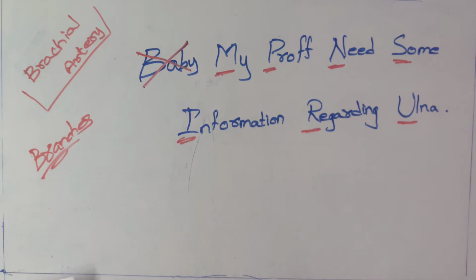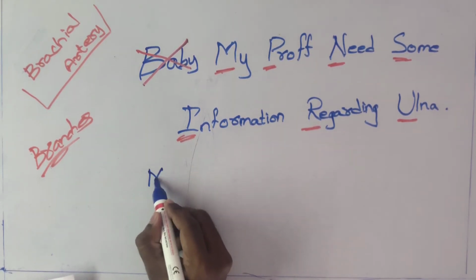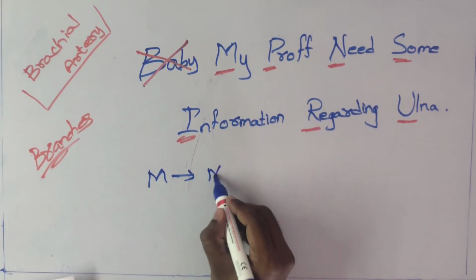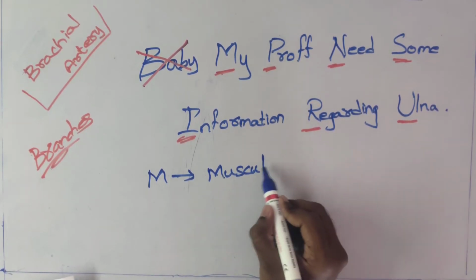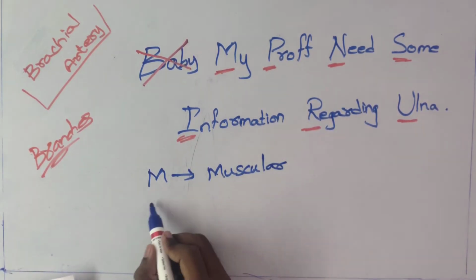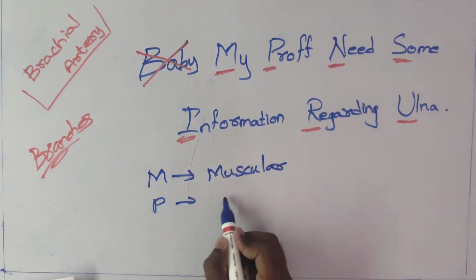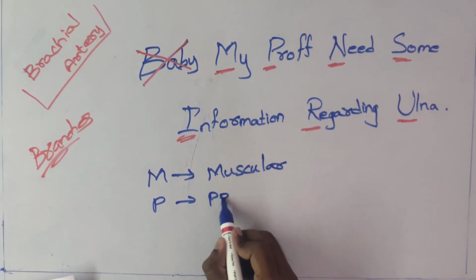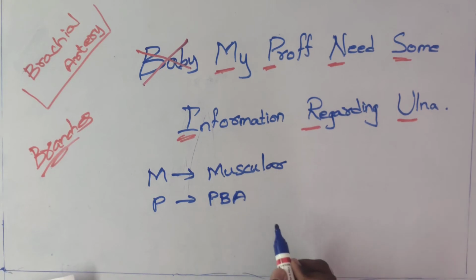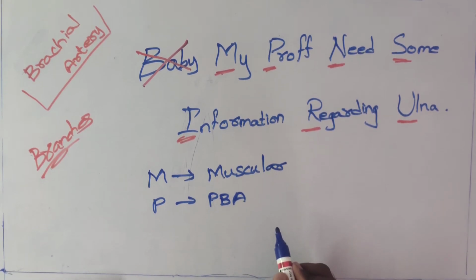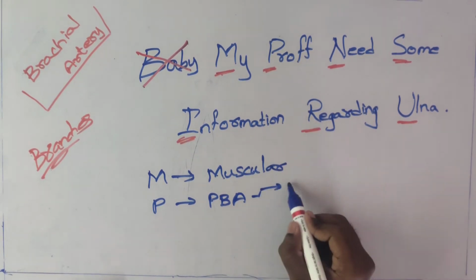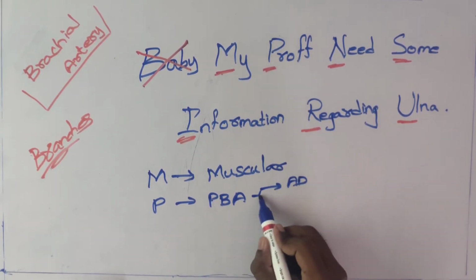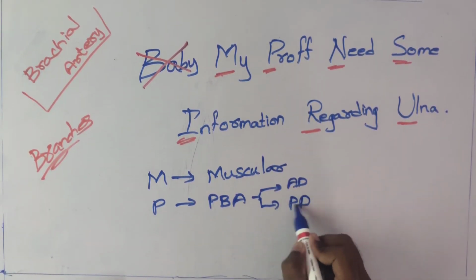Now coming to the M, it is the muscular branch, or unnamed muscular branch. Next, the P, profunda brachial artery, which includes both anterior division and posterior division.